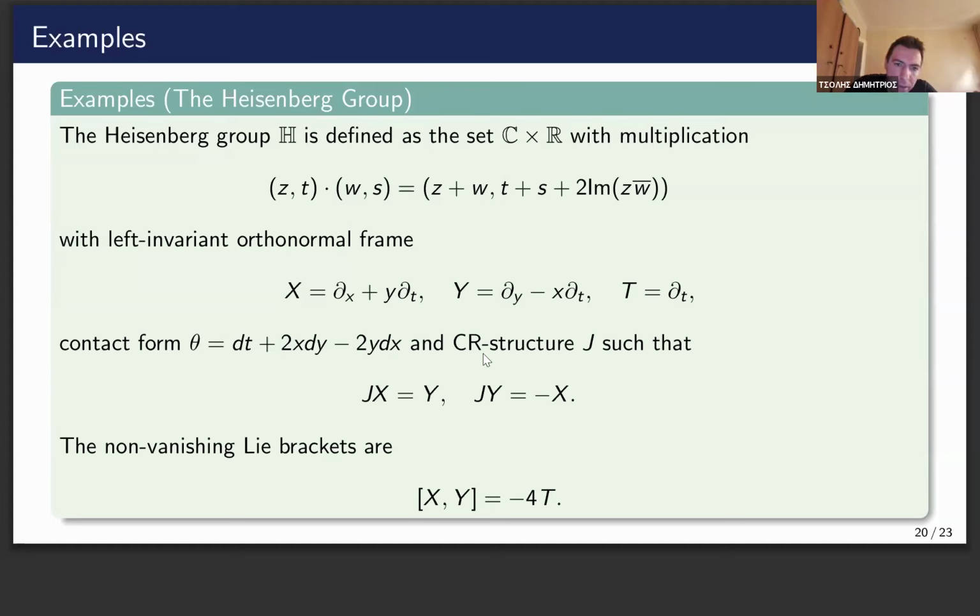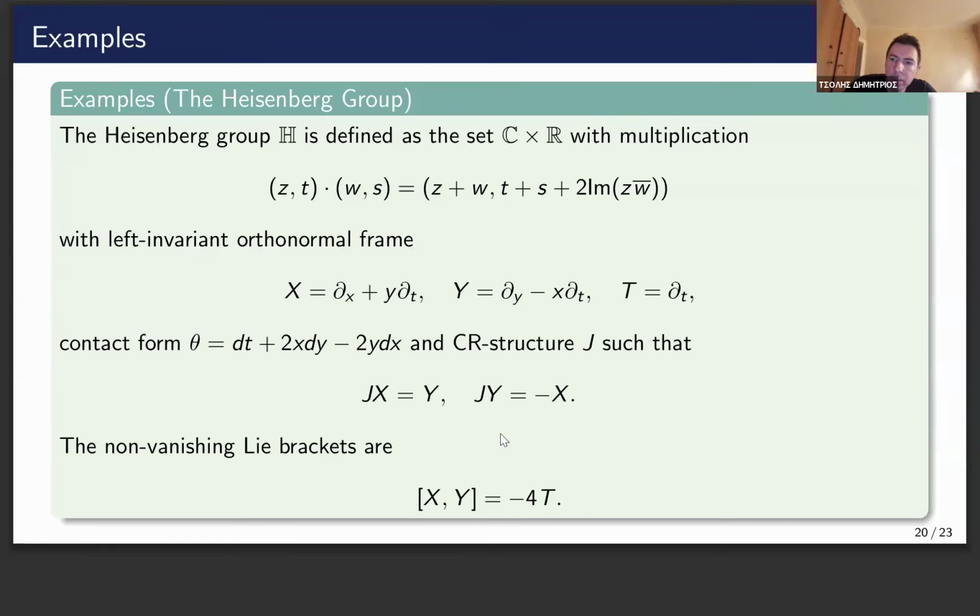The contact form is this, and we have a CR structure that satisfies this. Now we have also the non-vanishing Lie brackets. So those are the only brackets we have here, x and y equals to minus 4t.